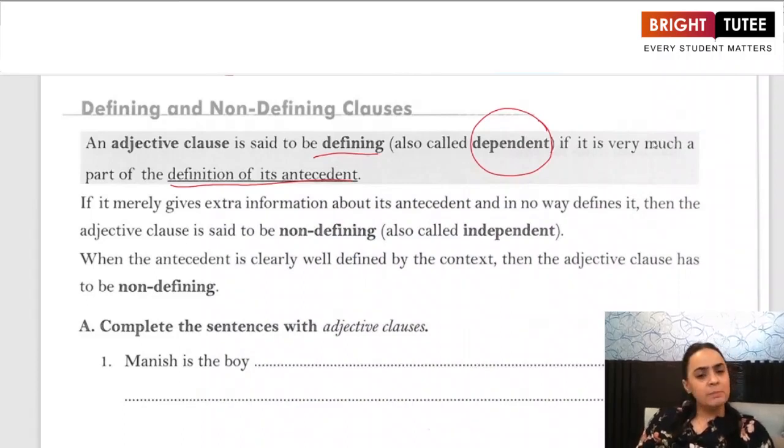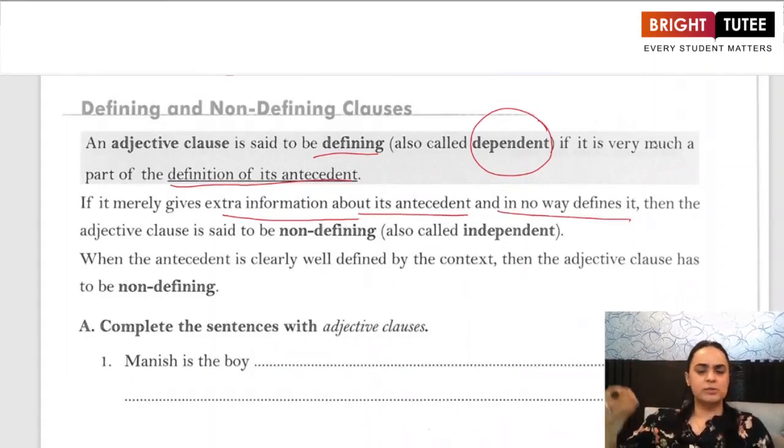And if it only gives extra information about its antecedent, which does not define it, okay, it is just providing you with extra information and no definition is being given, then it is said to be non-defining or independent adjective clause.